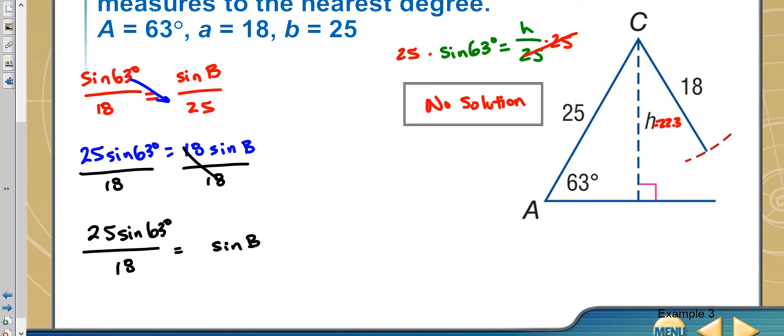Well, to get b by itself, I'm going to have to do the inverse because I want to switch these two. Since I don't know what sine b is, I'm going to end up saying b degrees will equal 25 sine of 63 degrees over 18.